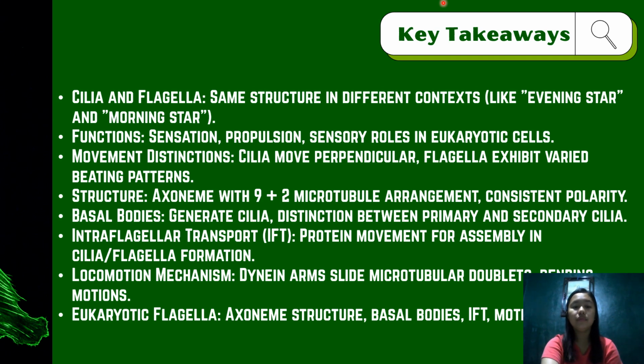So, nagko-contain sila ng receptors at channels na nagme-maintain ng mechanical and chemical properties ng extracellular fluids. Yung mga specialized sensory cilia, nag-i-include sila ng sensing fluid flow sa kidney, olfactory cilia sa nose, and outer segments of rod and cone cells in the retina.